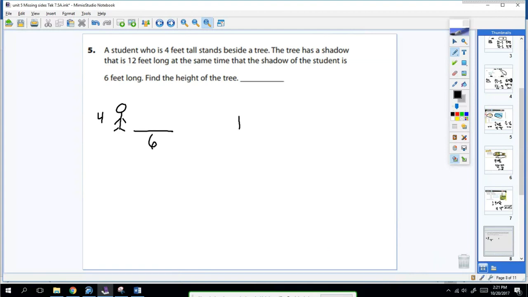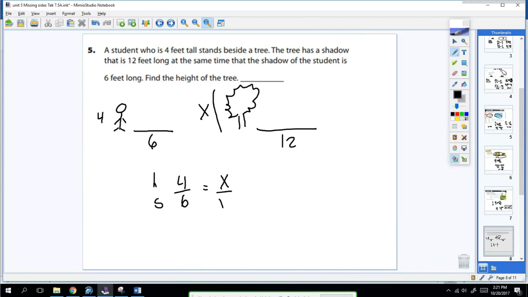Then I have a tree where its shadow is 12 feet long, but I don't know the height. So we're going to set up a proportion. I got 4 over 6, so I got my height over my shadow is equal to x over 12. So we're going to cross multiply. X times 6 is 6x. 4 times 12 is 48. Divide by 6. X is 8.